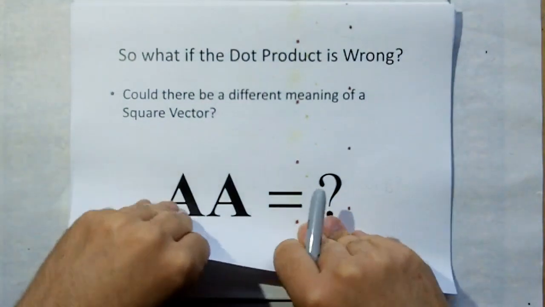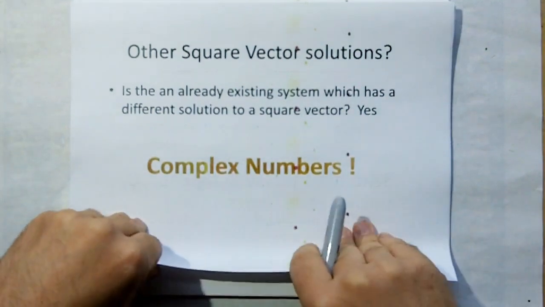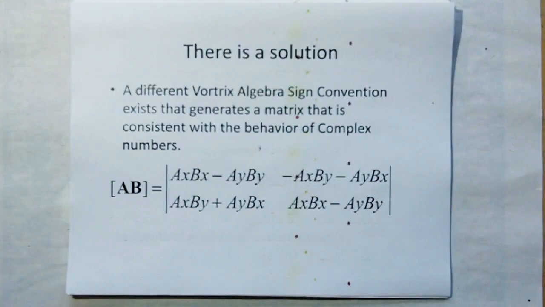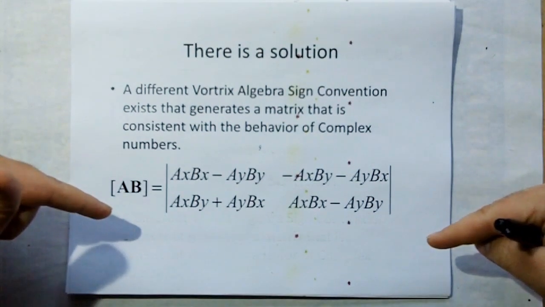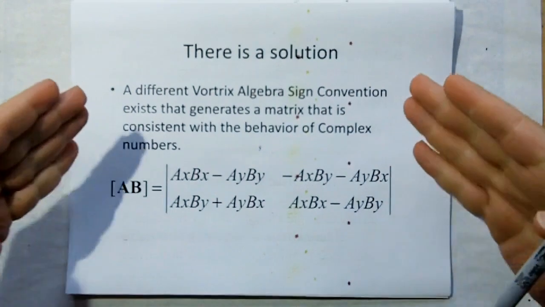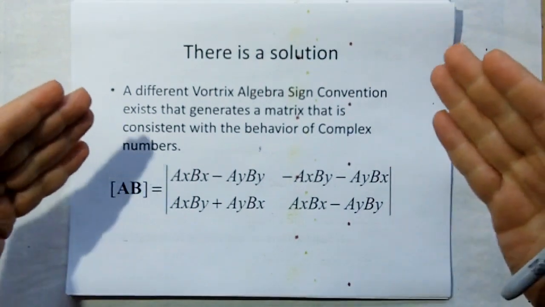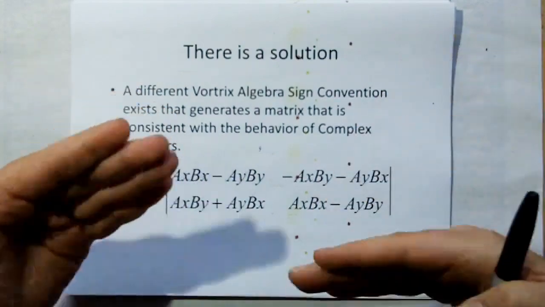And actually, complex numbers have a different meaning. If we do a complex number solution and put that into a matrix, this is what it would look like. In other words, if you do the triple product using complex numbers and arrange all those terms, that would be an equivalent Vortrix matrix.